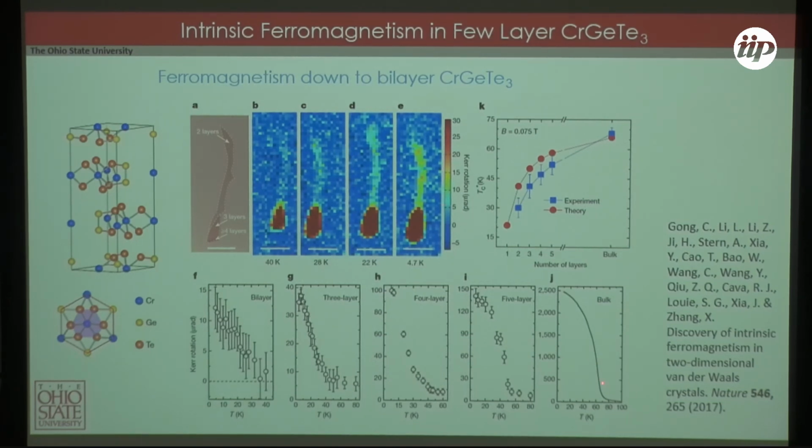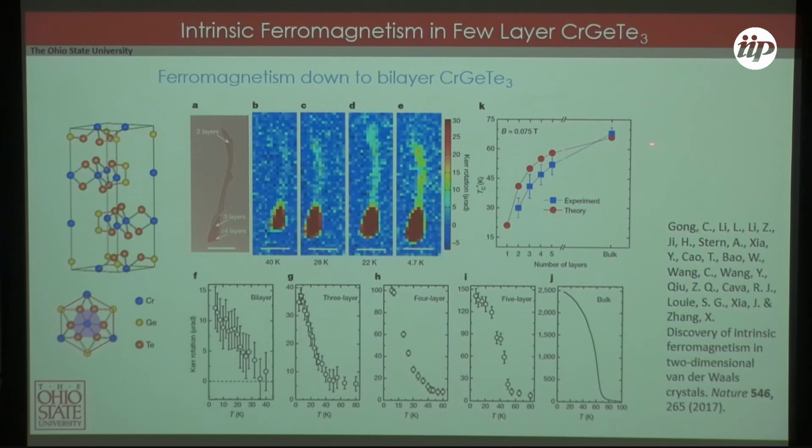Here's the bulk curve, and here is exfoliated, 5 layers, 4 layers, all the way to the bilayer. We can see it is still ferromagnetic, but the ordering temperature, the Curie temperature, is going down.